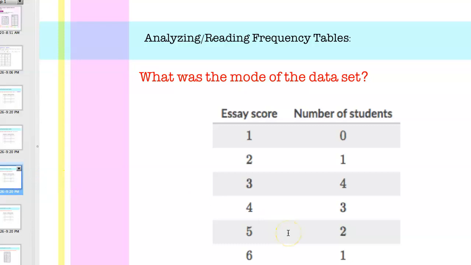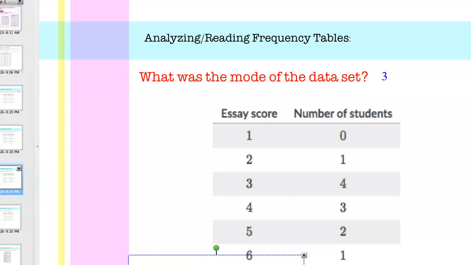What is the mode? Again, it's the number that occurs the most often, and that is 3. Okay, 3 occurs the most. So if I were to list this data set out, there is 0 1s. There's 1 2. There are 4 3s. There are 3 4s. There are 2 5s.